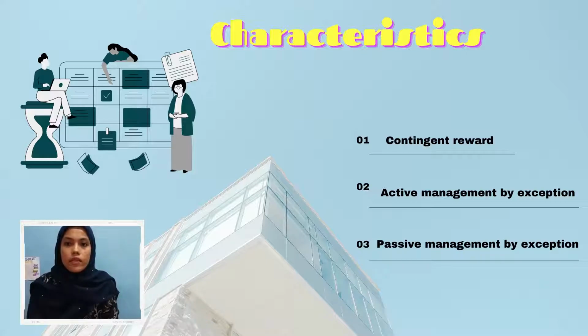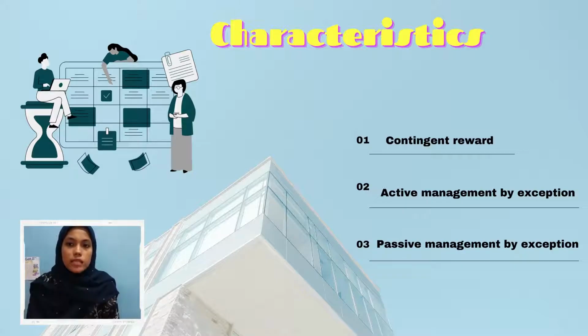This contrasts with a traditional performance review, which companies often wait until a set date or period to review goal progress. Second, active management by exception. Under the active management by exception style of leadership, managers monitor employee performance to try to spot areas where there are errors, where they are performing tasks incorrectly, or where they are failing to meet performance standards.